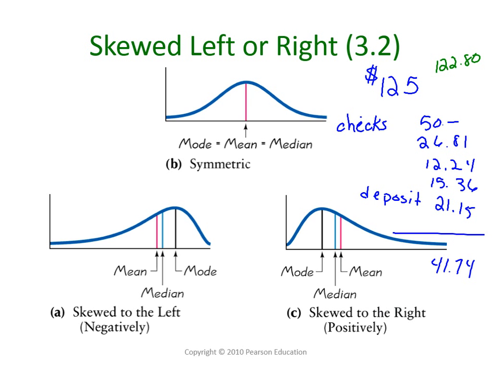Instead of having $41.74, I'm going to have 39 something. And I just bounced a check. I know the overdraft has gotten larger. The bank will be really happy with that concept.